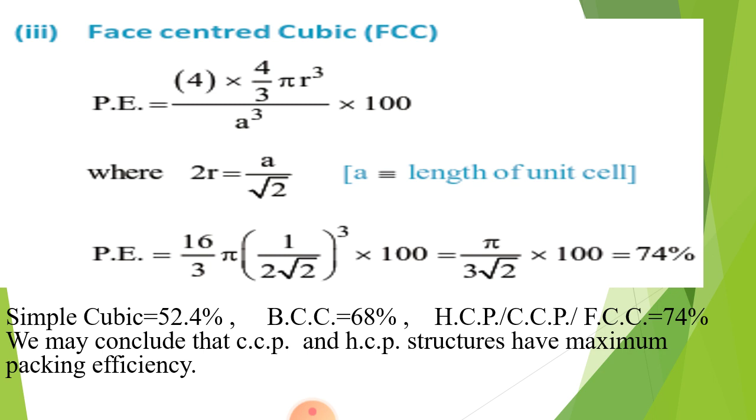This is also equal to 4r. One face center atom touches 2 corner atoms. That's why the face diagonal root 2 a is equal to 4r. Put these values and you find the packing efficiency is 74%, which is highest. That's why FCC or CCP is more stable than BCC, and BCC is more stable than SCC.